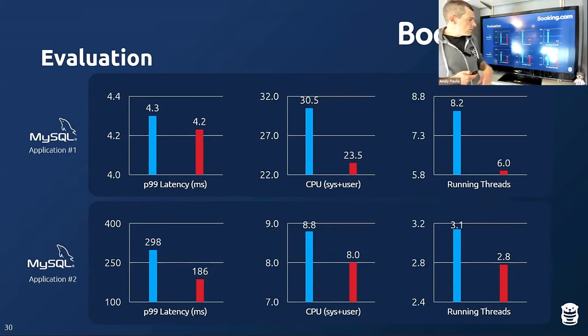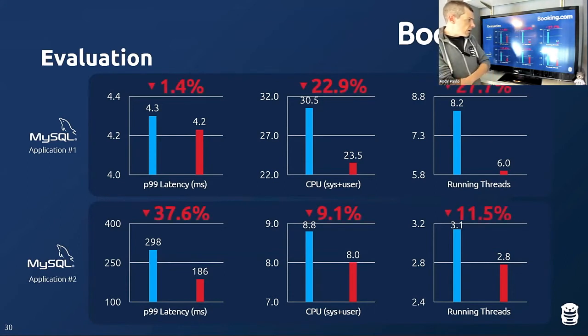But we were able to reduce the CPU utilization and the number of running threads in MySQL by over 20% for both of these cases. The back of the envelope calculation says that in a cluster with 20, 25 nodes, you could maybe turn off 2 up to maybe 4 machines, because now every machine can essentially use the same hardware but do more work without affecting latency.